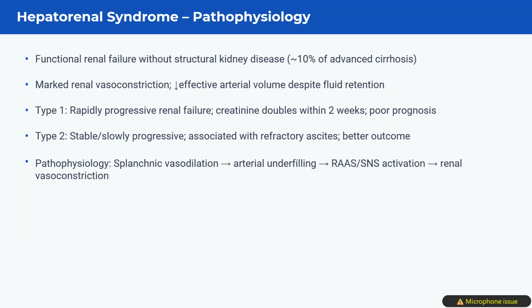That leads to renal vasoconstriction. It can become severe, which reduces renal plasma flow and glomerular filtration. So even as the patient appears fluid volume overloaded with tense ascites, the kidneys are behaving as if they are in shock, in a low flow state in a high volume body. And that's why fluids rarely help in this situation, because it's not even able to get to the kidney.